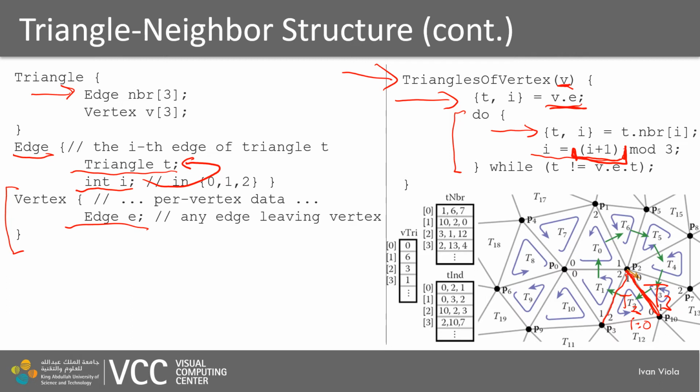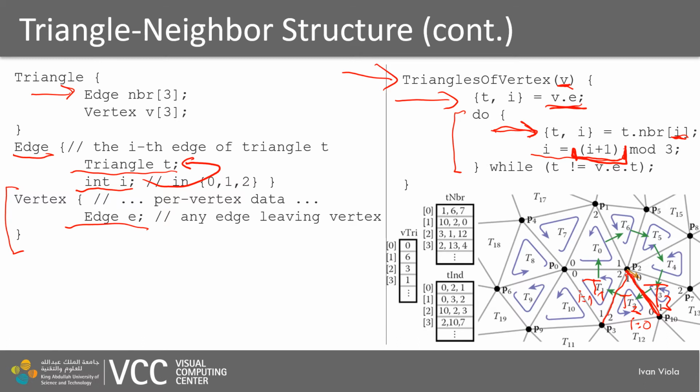And therefore, if we have the I now 1, we can find out in our next loop that the neighbor for the index 1 will be then T1. We will change our pair to T1, and the edge through which we entered was 1. So for T1, I equals 1.